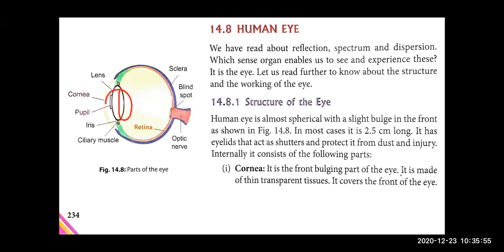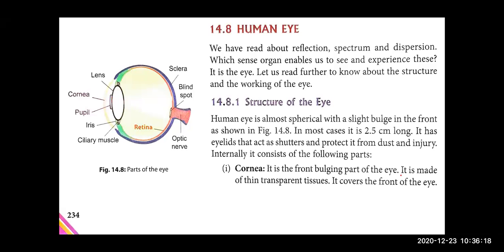Here, what do we have? This is pupil. Pupil is the tiny hole in the iris, and through this tiny hole the light enters inside the eye. So what is pupil?